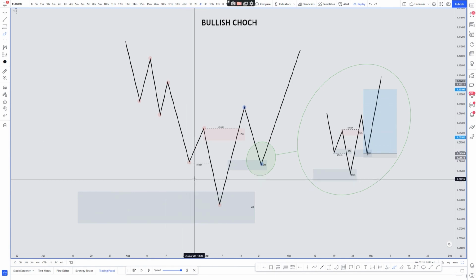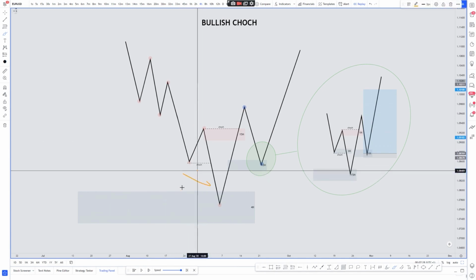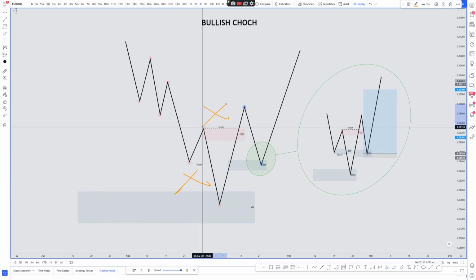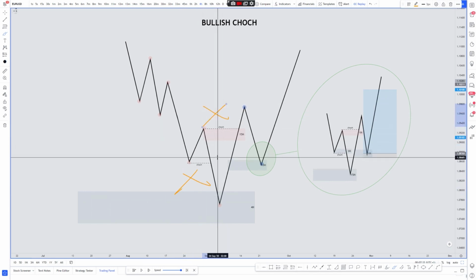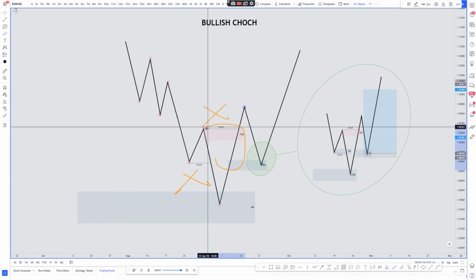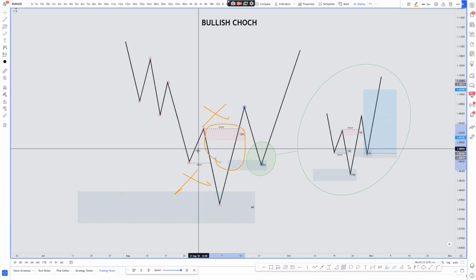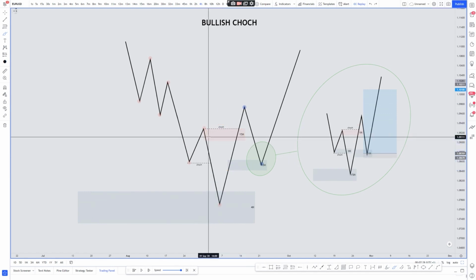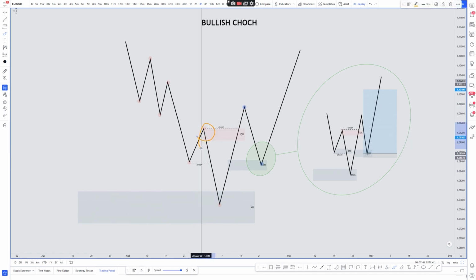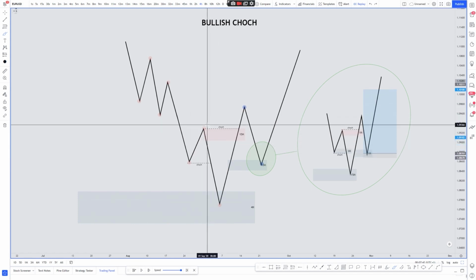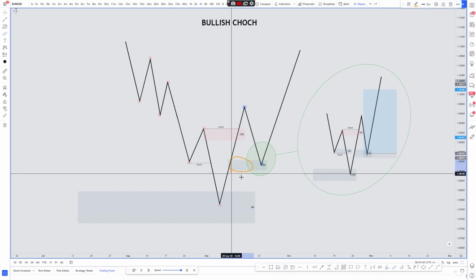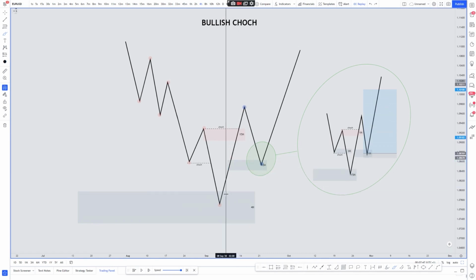Now, a change of character is essentially a sweep of the lows and a sweep of the highs. Whereas a flip zone is this particular scenario in here where supply had the last point of control and ultimately supply fails, and you can say something in here caused it.